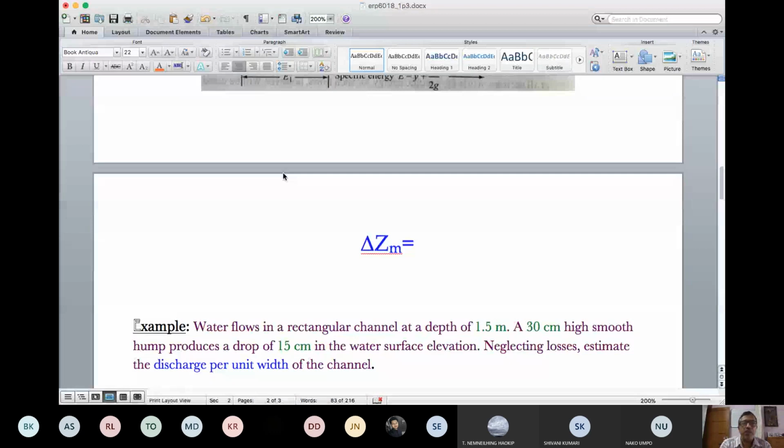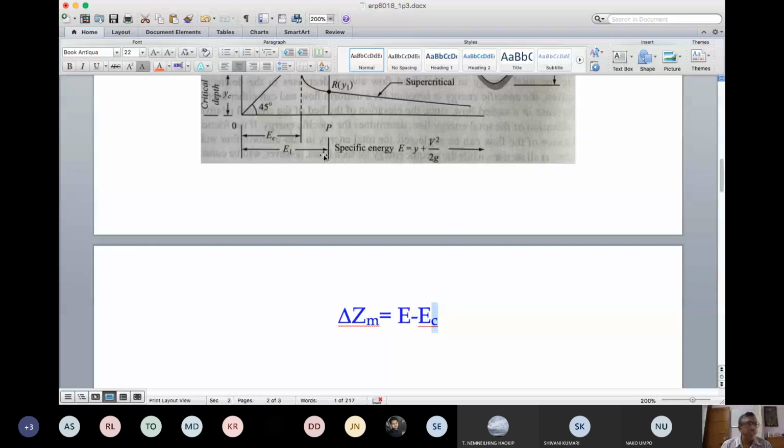Whatever specific energy you have, the minimum specific energy EC, if you deduct it from E1, then that will be the maximum hump height, delta Zm. Fine.